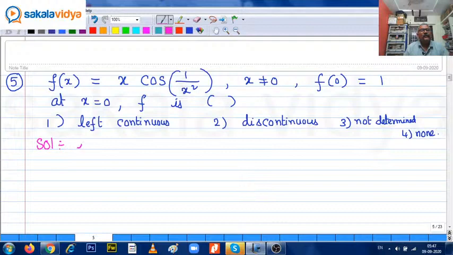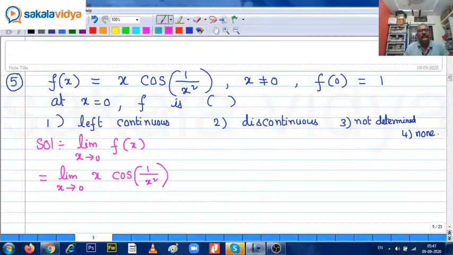So limit as x tends to 0 of f(x) is equal to limit as x tends to 0 of x times cos of 1 upon x square. See, this 1 upon x square is something, for example, say theta.